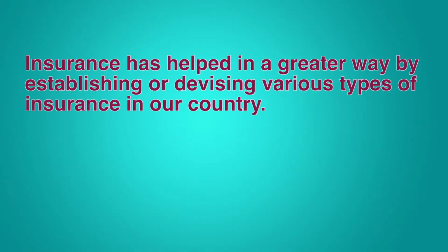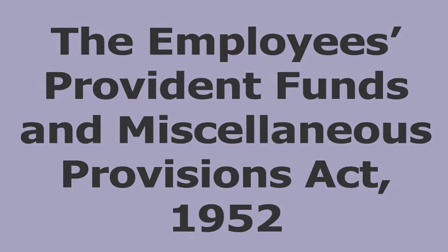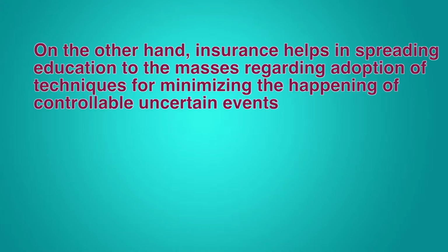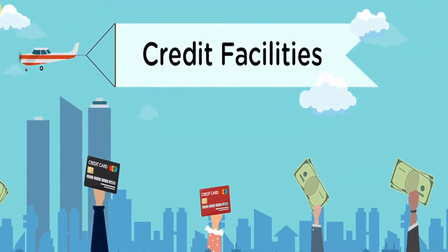Insurance has helped in a greater way by establishing various types of insurance in our country, like the Employees State Insurance Act, Provident Fund Act 1932, Workmen's Compensation Act, etc. On the other hand, insurance helps in spreading education to the masses regarding adoption of techniques for minimizing the happening of controllable uncertain events.